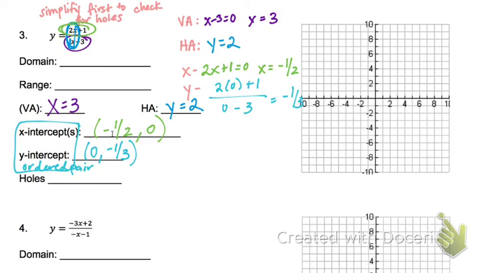Okay, and then are there any holes? Did anything cancel? None. So now I'm going to go to my picture, and I'm going to draw the vertical and horizontal asymptote. I'm going to plot my x and y intercept, and then just connect the dots, or draw my picture.